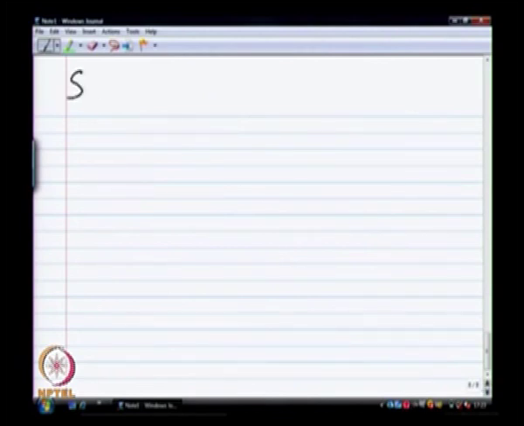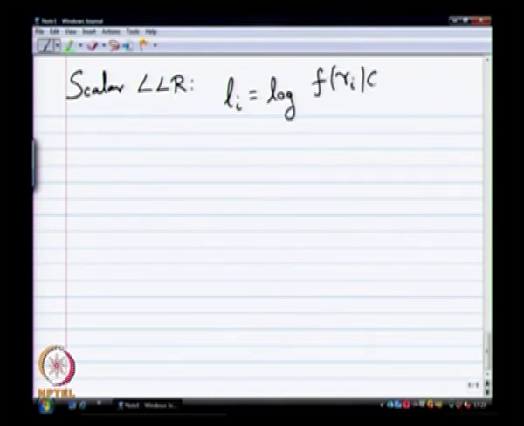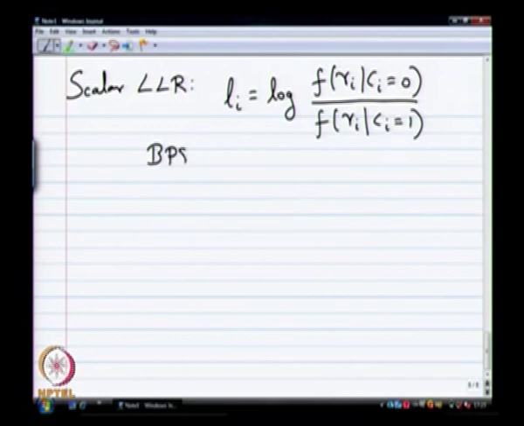So let's introduce this notation. We will use the scalar LLR, which is basically small l_i. It is the logarithm of f of r_i given c_i is 0 divided by f of r_i given c_i is 1. For BPSK over AWGN, it will cancel very nicely.